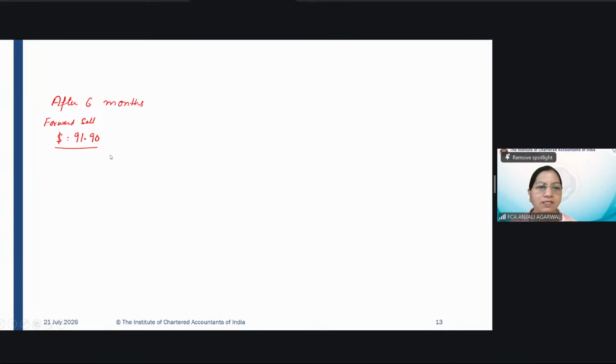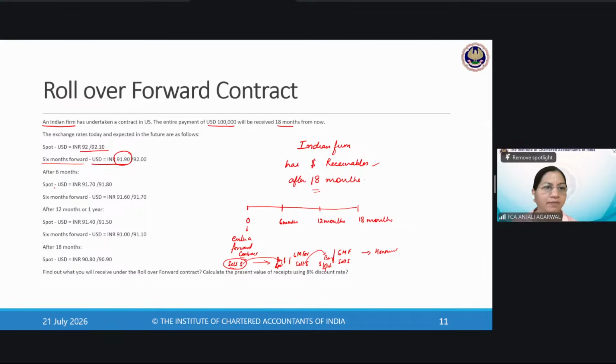Because the dollars are receivable after 18 months. So buy dollar 100,000 in the spot market. So when you will buy the dollars in the spot market, ask would be applicable.